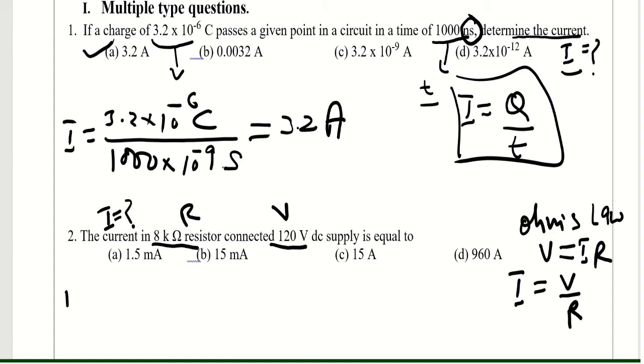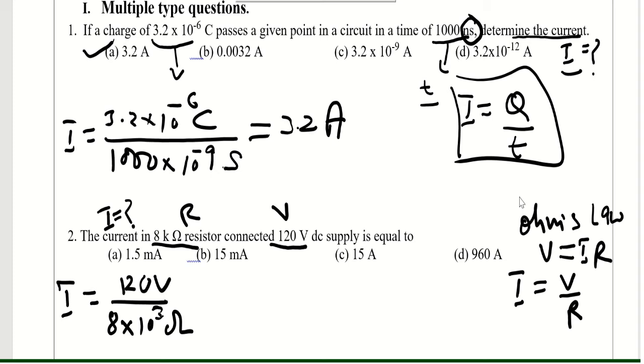The voltage is 120 volt, divided by 8 kilo ohm, and kilo means 10 to the power 3 ohm, so the kilo is changed.